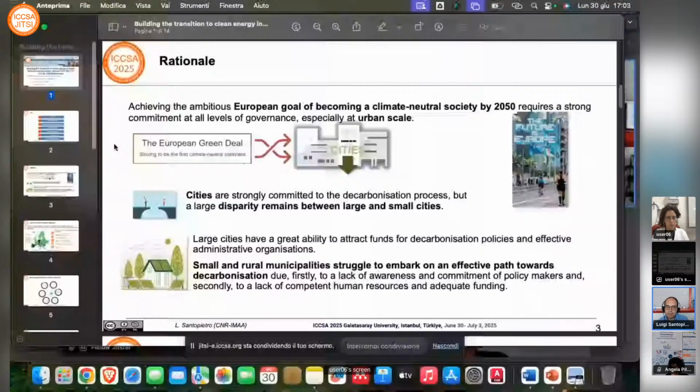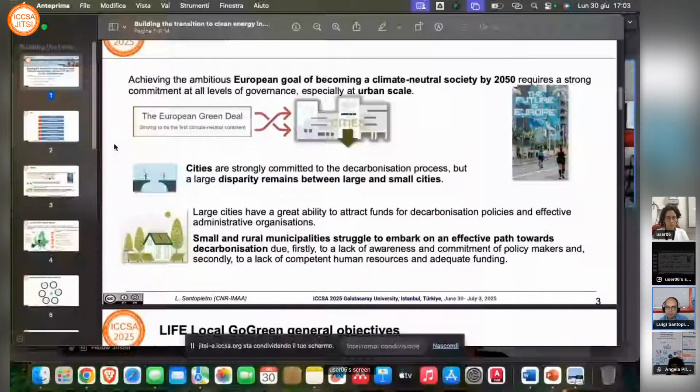In this challenge to achieve climate neutrality, the gap, the disparity between large and small cities is revealed. And so we have to think that also small and rural municipalities struggle to embark on an effective path toward the decarbonization process.